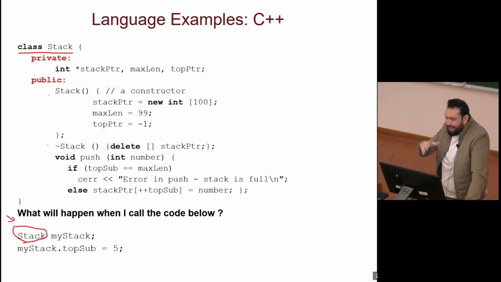That's what we mean a class is a type, as if I'm saying int x equals something. So stack, my stack, what's happening here? I created the object of this class and I'm saying my stack.top sub equal 5. So what's going to happen? So I'm trying to access, where is the top? This top sub should be top pointer.